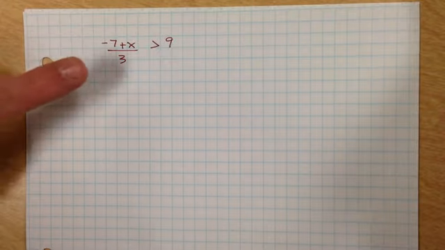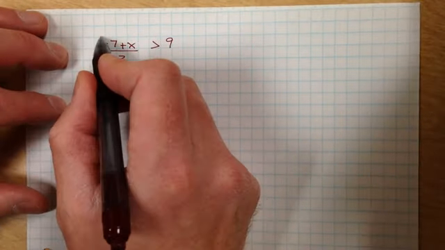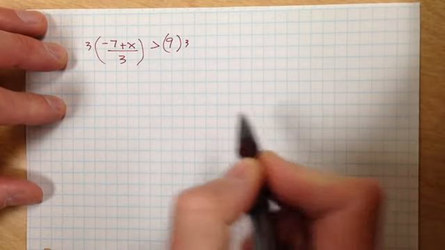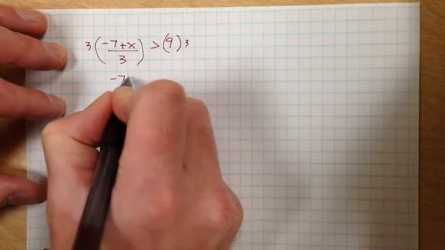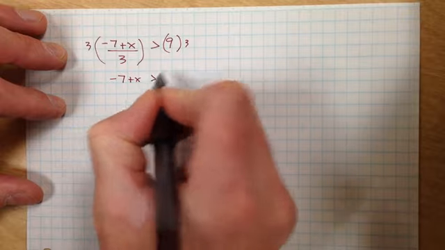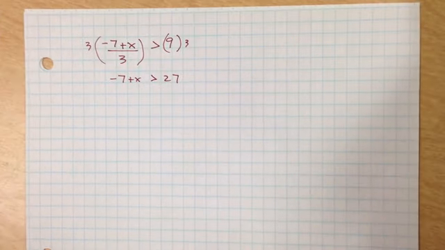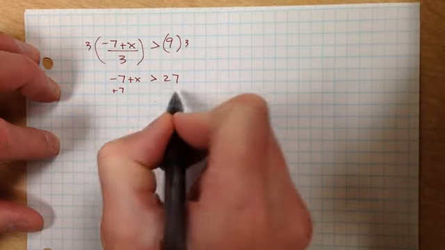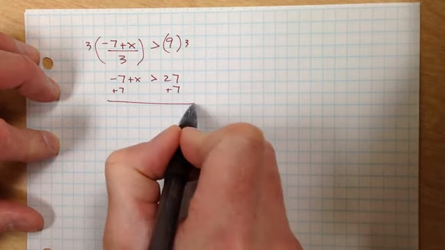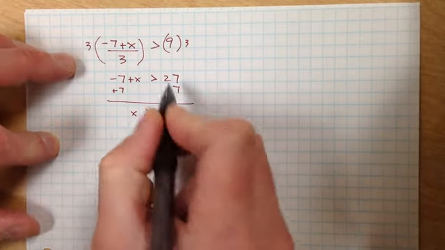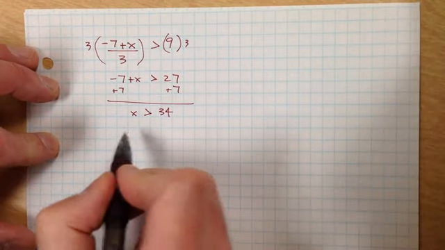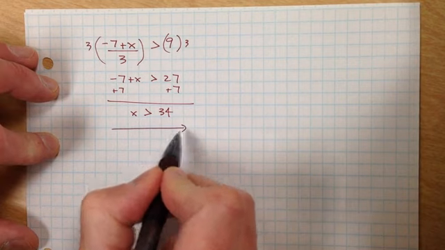First things first, let's undo this division by 3, so I will multiply both sides by 3, leaving me with -7 plus x is greater than 27. Come through, I will add 7 to both sides. X is greater than 34.